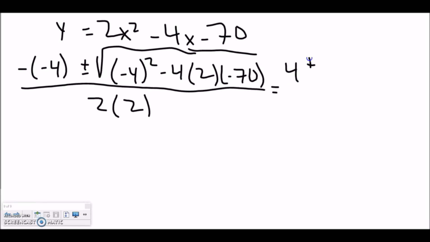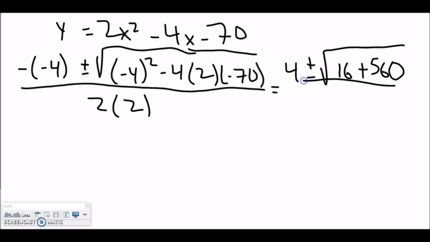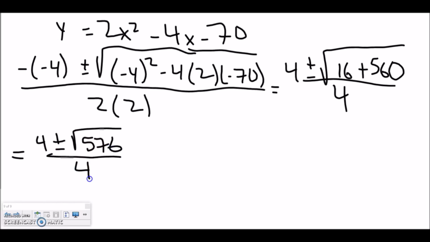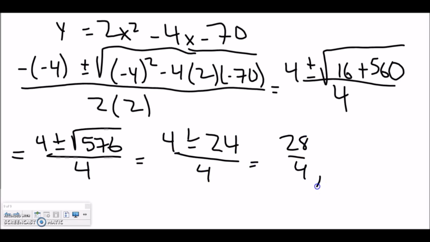That is 4 plus minus square root 16 plus 560 over 4. That is 4 plus minus square root of 576 over 4. That's 4 plus minus 24 over 4. So that's either 28 over 4 or negative 20 over 4. So that is just 7 or negative 5.